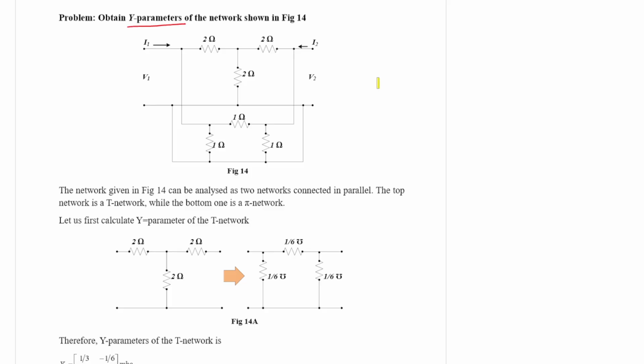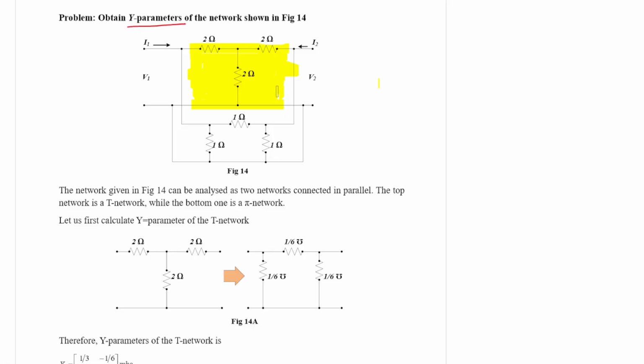If you carefully investigate, you will find a very interesting feature. This is a T network, shaded in yellow.